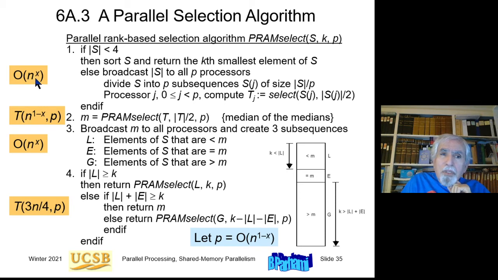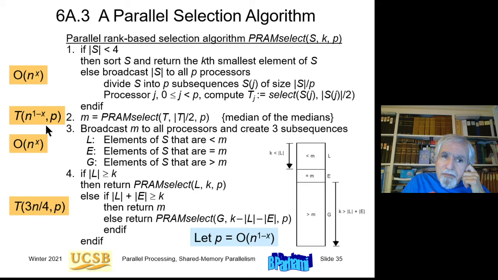Okay, so this is order n^x. n^x is basically how many elements each processor gets: if we have p processors and we have n elements, n divided by n^(1-x) is n^x. That's how many elements each processor gets, and that's basically how much time the select algorithm needs, order n^x.